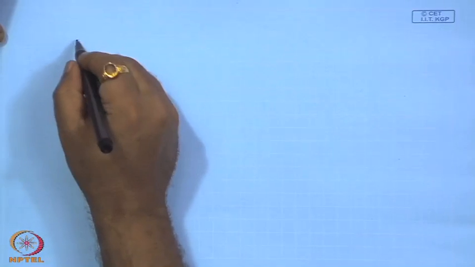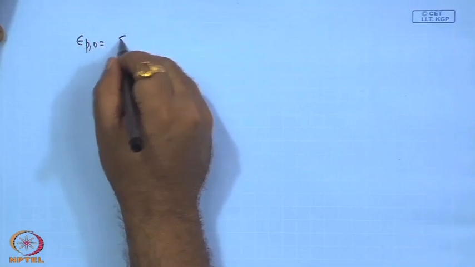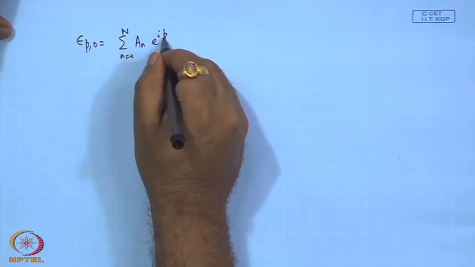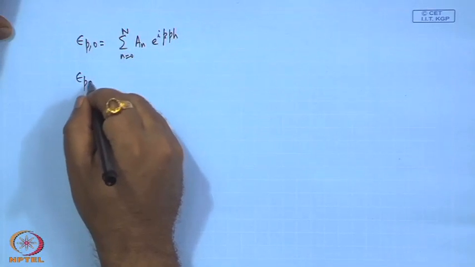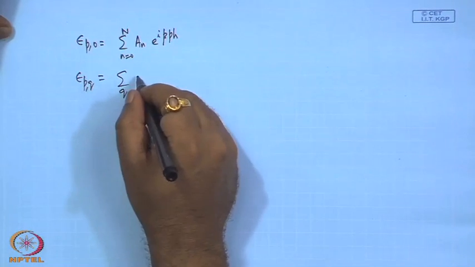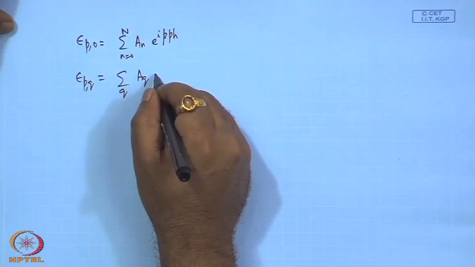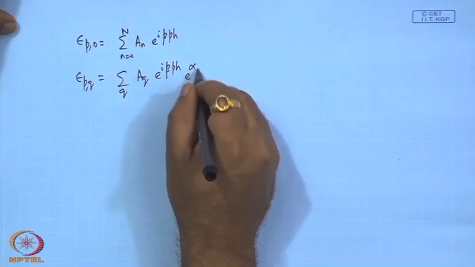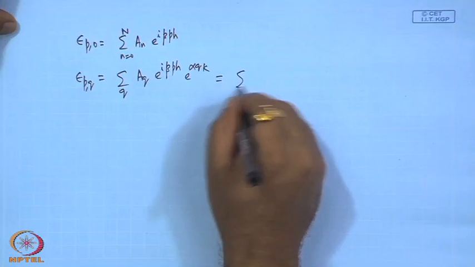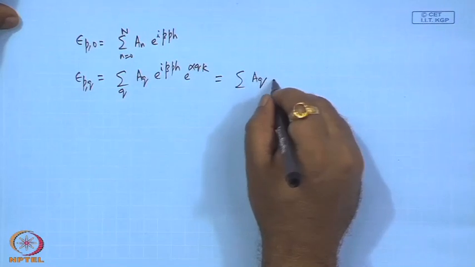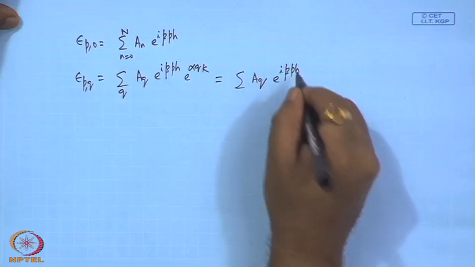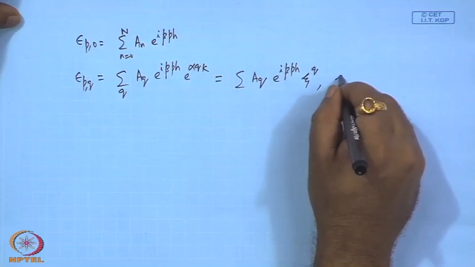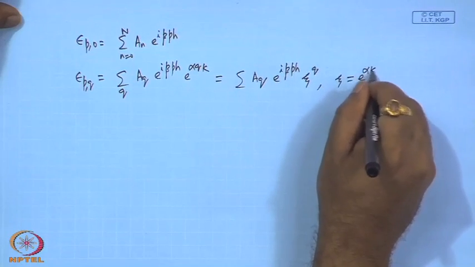Now, with this notation we introduce a further simplified notation, zeta power q, where zeta is e power alpha k.